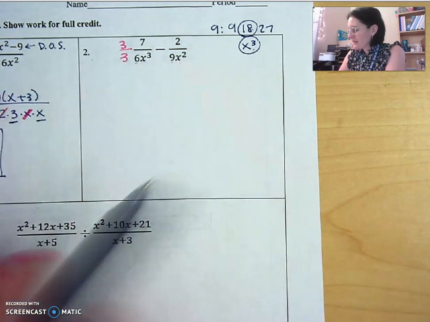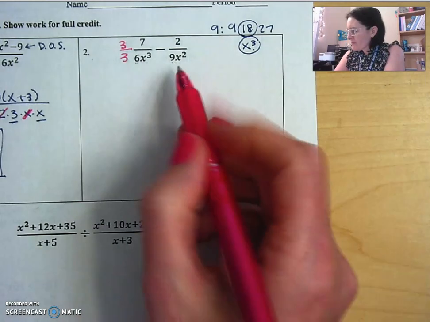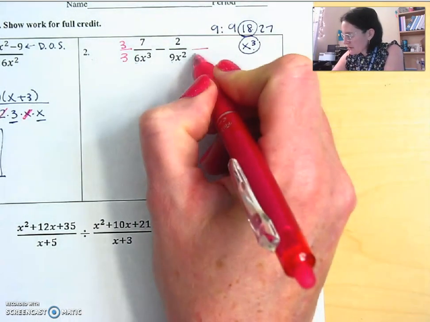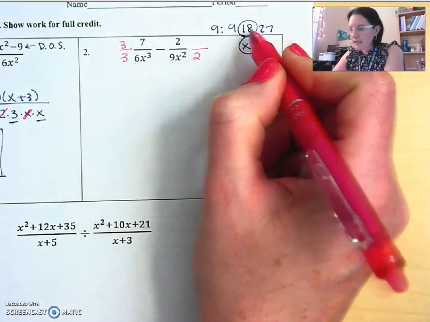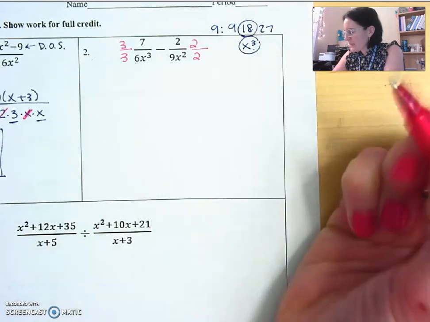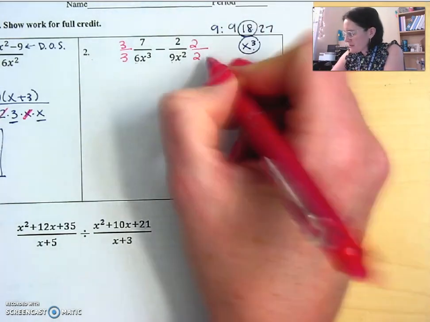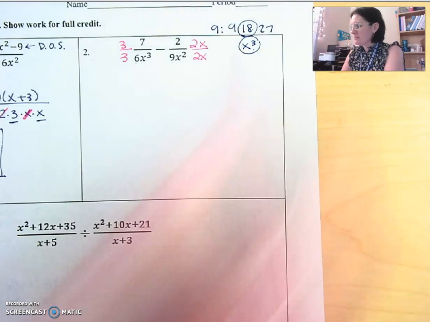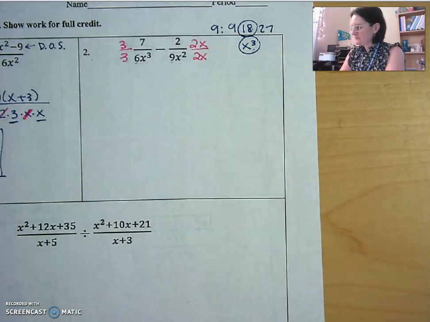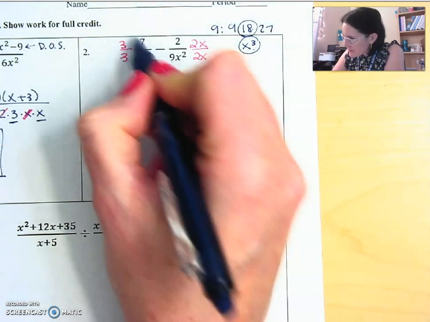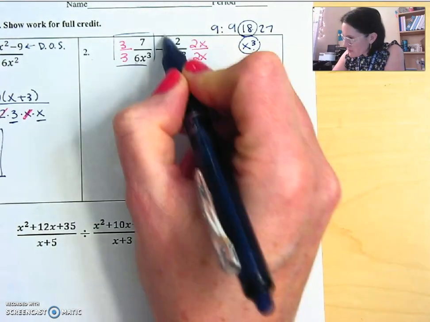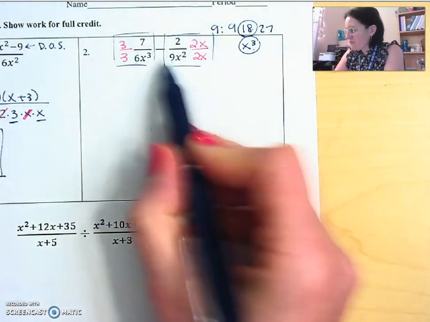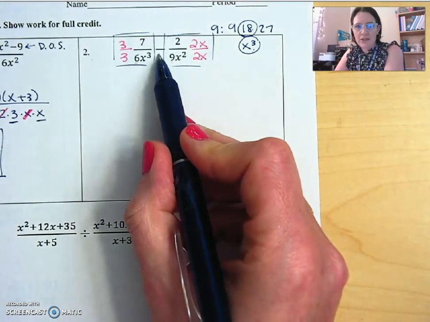And then for the second denominator, 9 times 2 will give me the 18 that I need, and I need 2 on the top and bottom. And then I need one more x on the bottom, so I'm going to multiply by x top, numerator and denominator. So now you do the multiplying on your fractions before you worry about the subtraction.